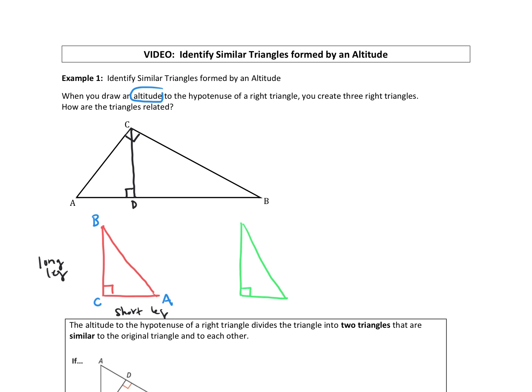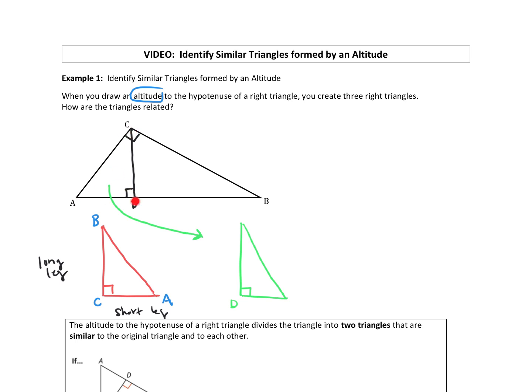So let's start by drawing this triangle over here. To label our three vertices, we can see that the right angle is at D. So I'm going to go ahead and label D. Here's our right triangle. Opposite of the right angle is the hypotenuse.